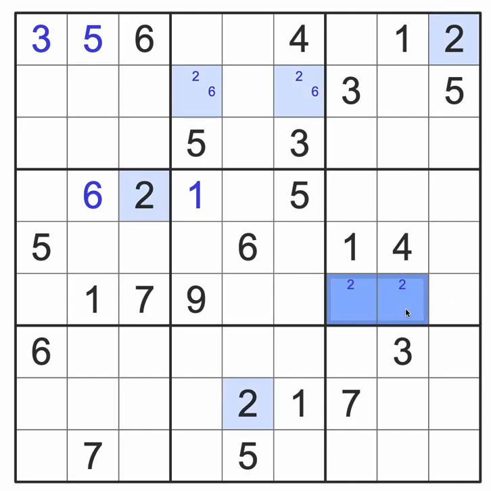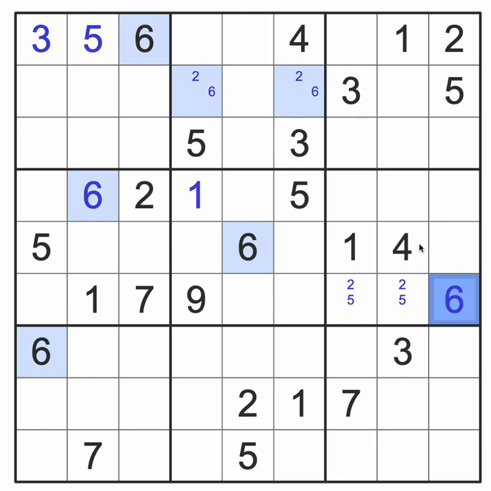That gives me a 2, 5 double here. And now, because these can only be 2 or 5, with 6 here in box 4, which blocks these, and 6 in box 5 blocks these, this, and these cannot be 6, so 6 has to be in here.